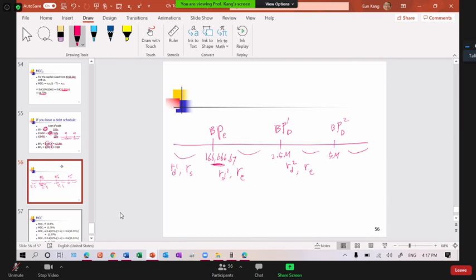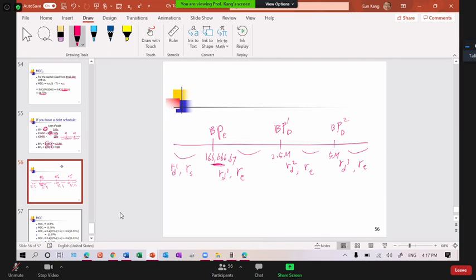And after the third breakpoint, this is still that breakpoint, so the cost of debt goes down to RD3, and RE is still the same. The cost of equity is the same.